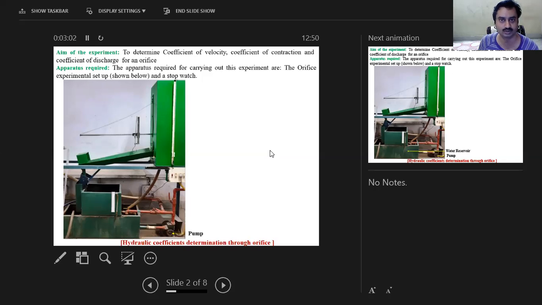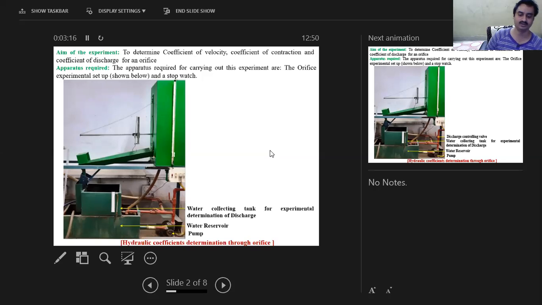First of all, there is the pump to circulate the water. This is a water reservoir, which acts as a central reservoir of water from which the water is circulated by the pump through the circuit. Then you have a water collection tank for experimental determination of the discharge. The actual discharge is calculated experimentally, as volume divided by time.